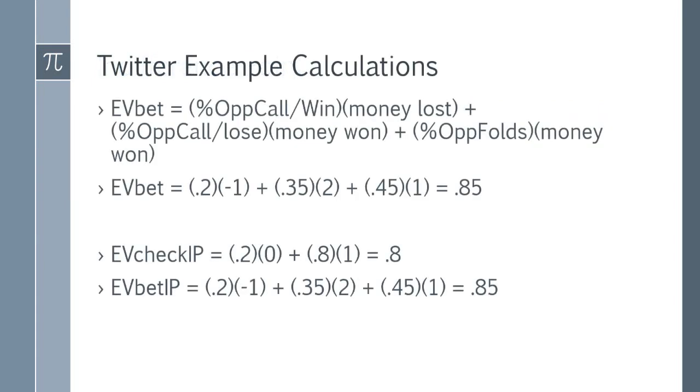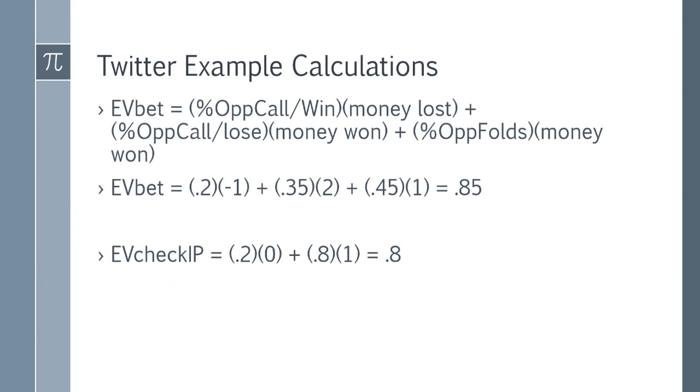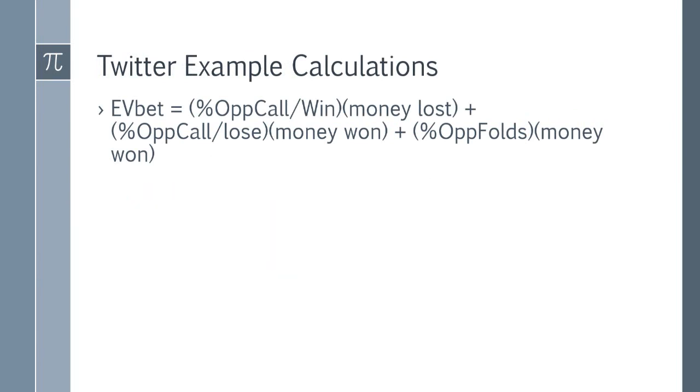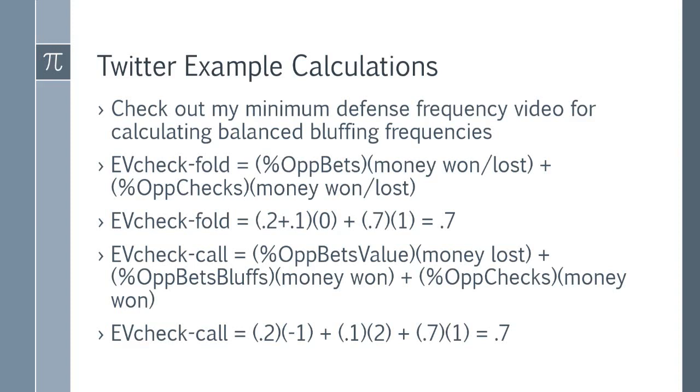If we go back here, we can see why. This is our decision here. If we've decided to check and fold, it doesn't matter what's happened, the amount of money won or lost is 0. We're always multiplying it by that 0. So no matter how often we're folding, the EV of the fold is always 0 at that decision point.